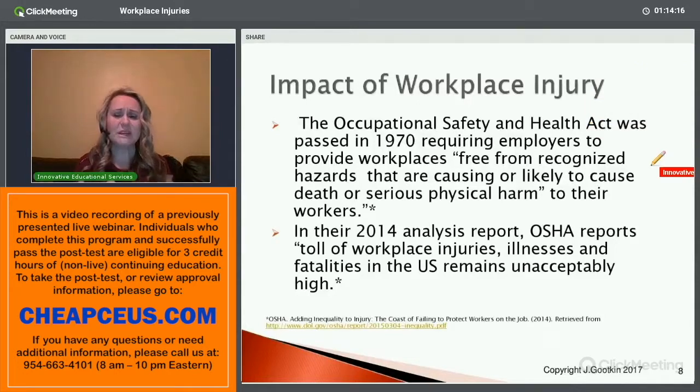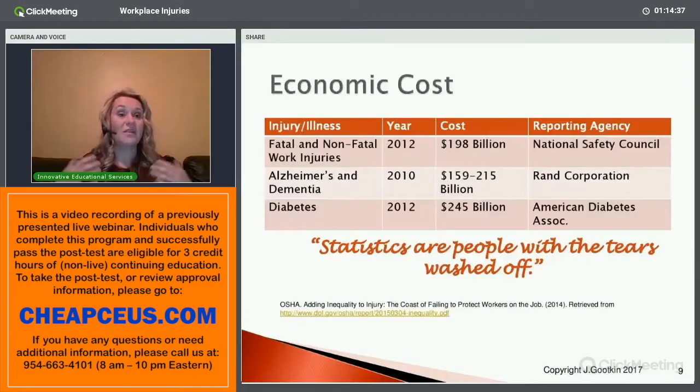In 2014, OSHA actually put out a statement saying that workplace injuries and fatalities are unacceptably high, that what they have been doing wasn't working as well as it needed to protect workers, that there was still too much exposure and hazard risk occurring, and that the cost of it is immense.